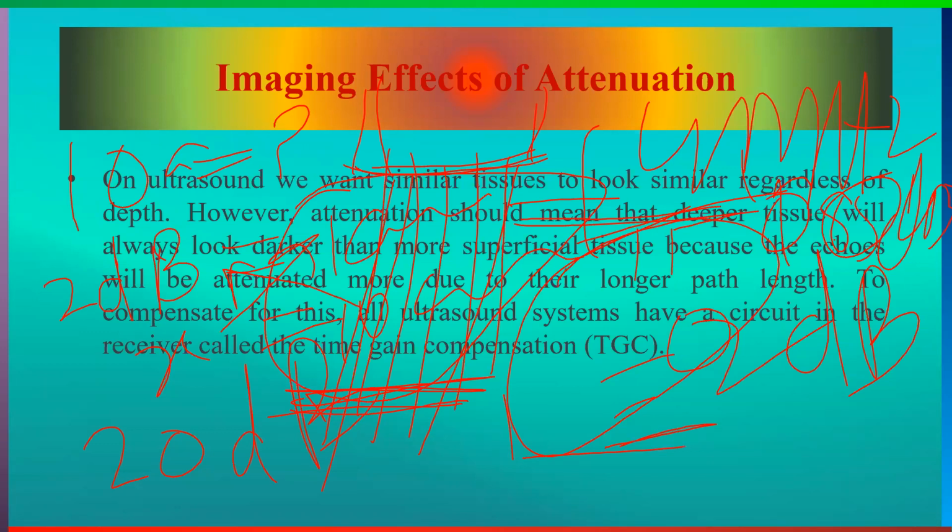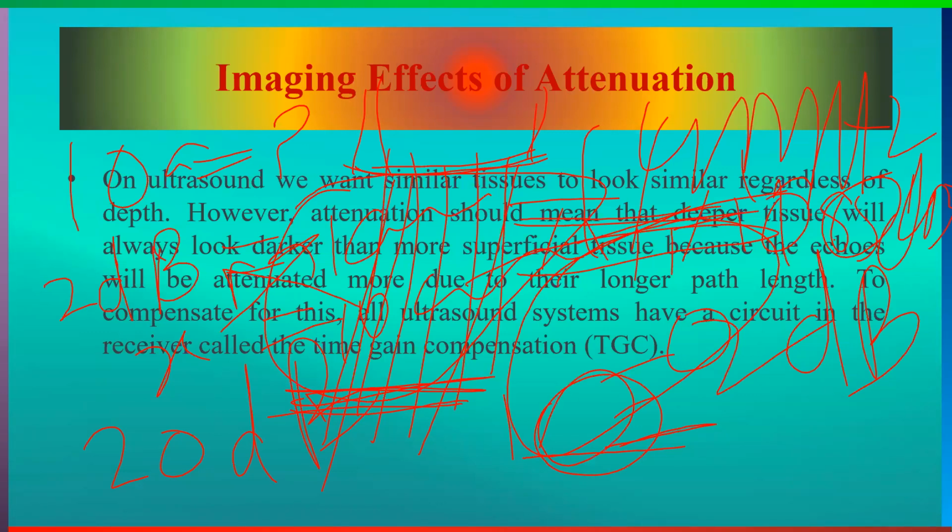So what will happen? All the echoes returning towards the transducer from the superficial region will be strong enough, but the echoes coming from the deep part of the liver will be too weak. So there will be a very great difference between the echoes coming from the proximal part of the liver and the deep part of the liver. So there will be a great difference in the echogenicity of the superficial and deep parts of the liver.